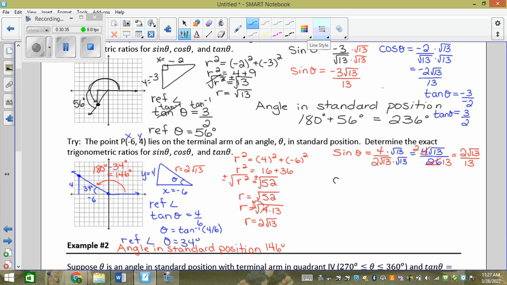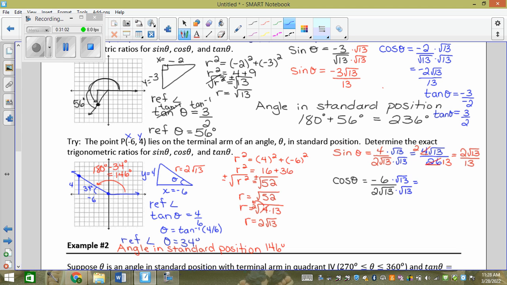Then we have cos theta. Cos is x over r. So we're going to get negative 6 over 2 root 13. What's my problem? The root 13 in the denominator. How do I get rid of root 13? Multiply by root 13. Right, do the bottom, I have to do the top.